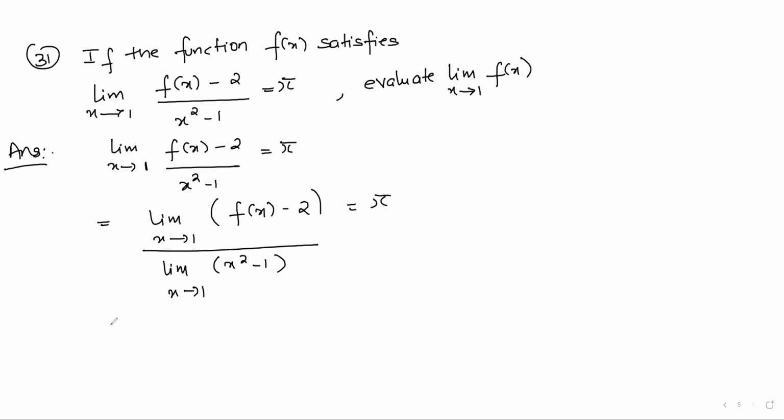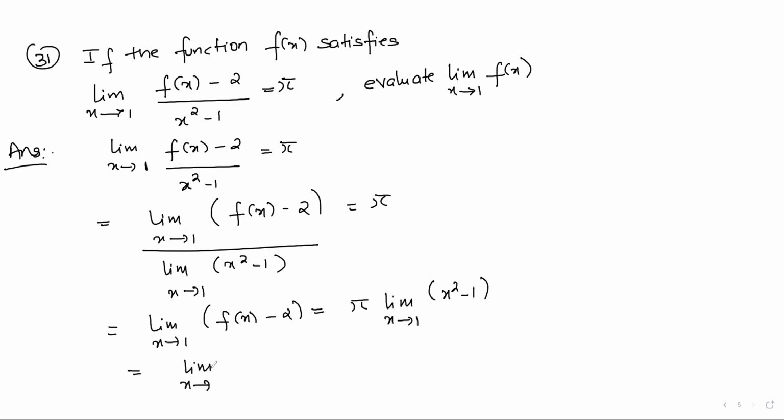So this becomes limit x tends to 1 f(x) minus 2 is equal to, shifting this to the right side, pi times limit x tends to 1 of x square minus 1. Put the limit over here, so you will get limit x tends to 1 f(x).